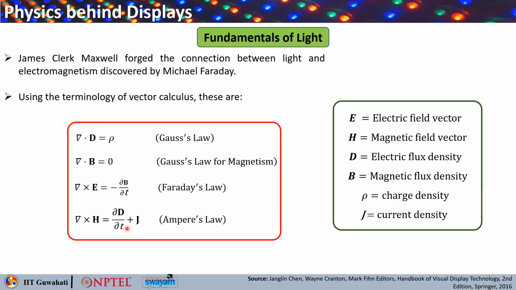It states that the generation of a magnetic field can be done in 2 methods. Either you can have electric current, or you can have a time varying electric field, right.